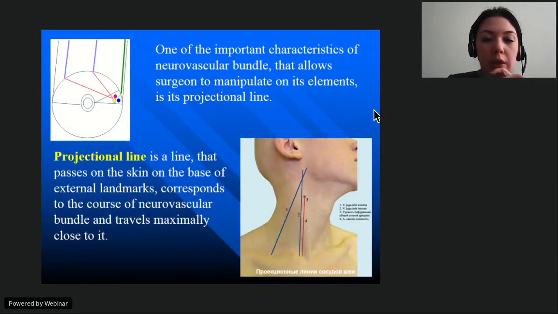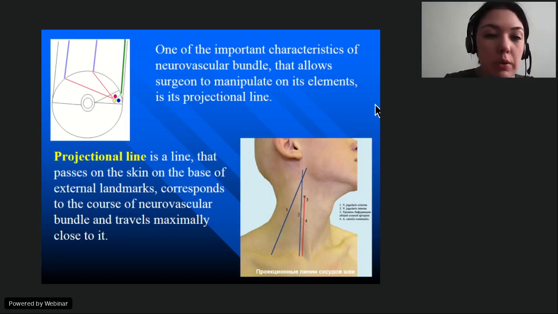One of the important characteristics of a neurovascular bundle that allows the surgeon to manipulate its elements is its projectional line, and we have already begun to talk about it. The projectional line is a line that passes on the skin on the basis of external landmarks, corresponds to the course of the neurovascular bundle, and travels maximally close to it.